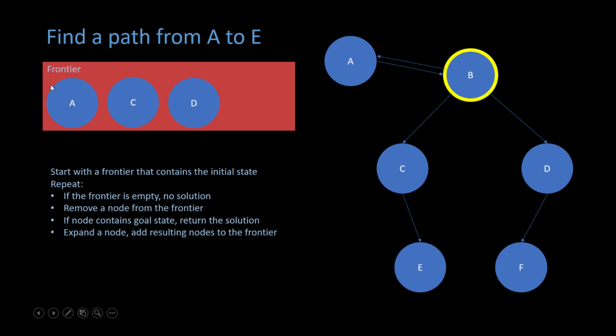But here is the big problem. Since A is the frontier and I'm not setting it to remember, it could simply go back to A. And we know that going back to A means that we are effectively in a loop.